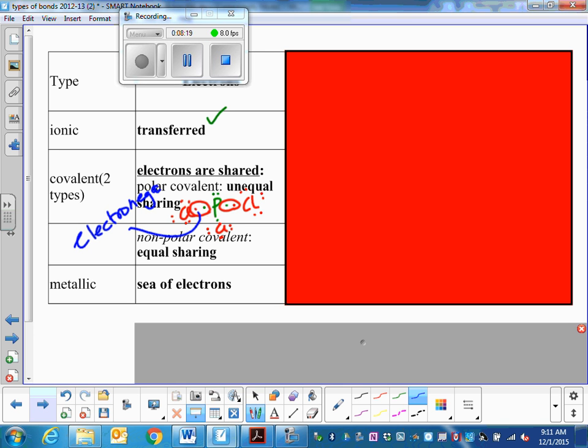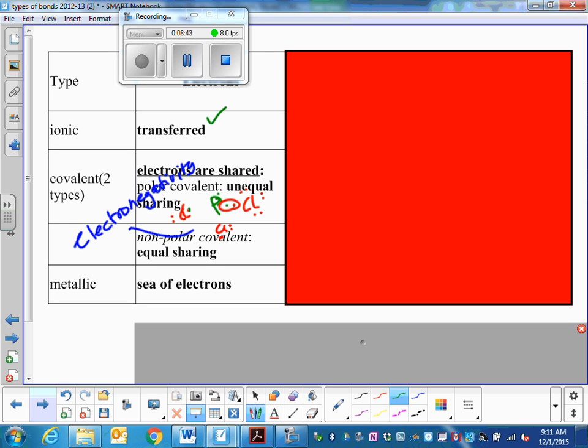And smaller the atom, the more electronegative it is. Yes or no? Therefore, chlorine in this case will have a greater share of this pair of electrons. Yes or no? It's more towards chlorine than it is towards phosphorus.